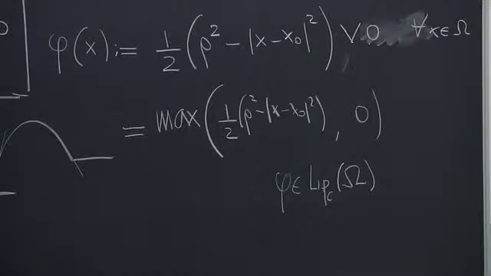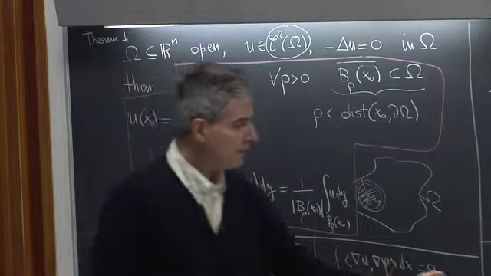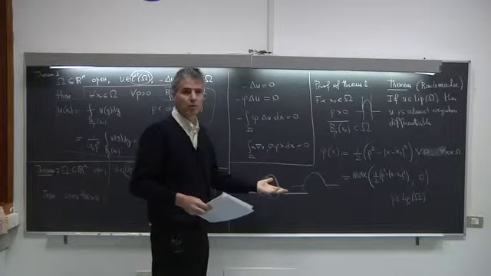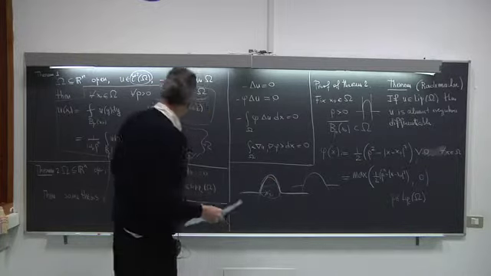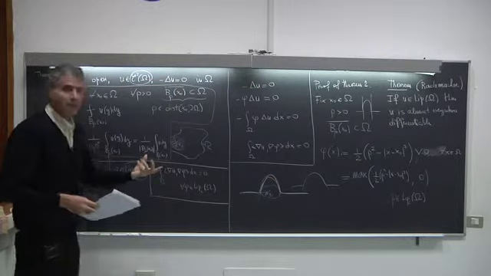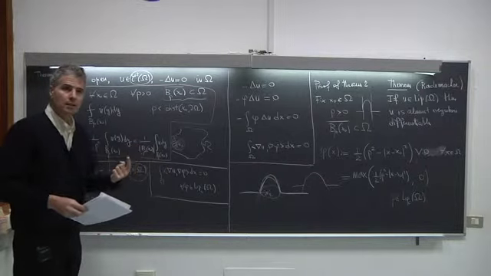So why am I taking this phi? Well, first of all, I want to have something concentrated on the ball. Therefore, it is natural to take something which is 0 outside of the ball. Next, this is essentially a radial test function, with radial symmetry.